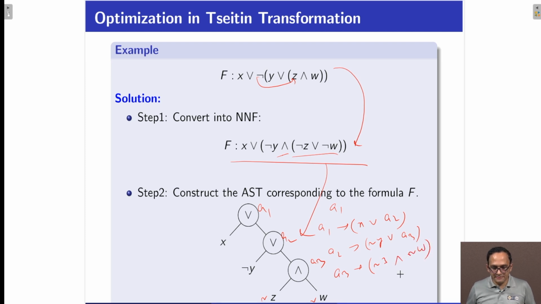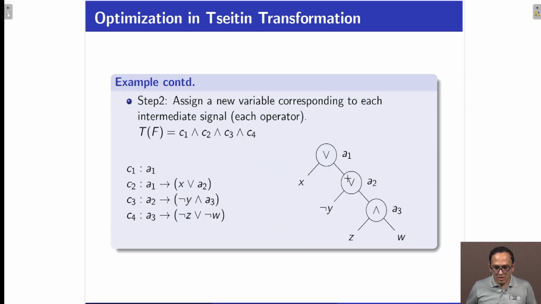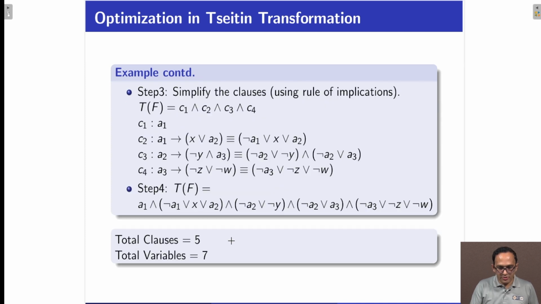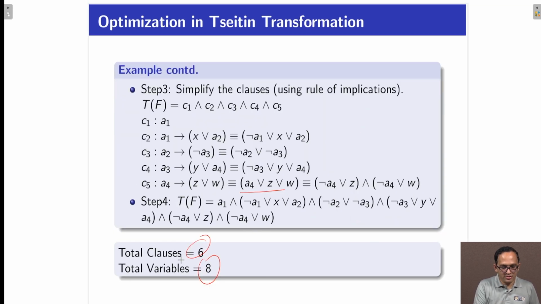With this, if I convert, I will use 3 new variables, and I will get these clauses that I have already explained. You can actually do it on your own, and then I will get 5 clauses, 7 variables. Earlier I got 6 clauses and 8 variables. So, now I am getting 5 clauses, 7 variables.